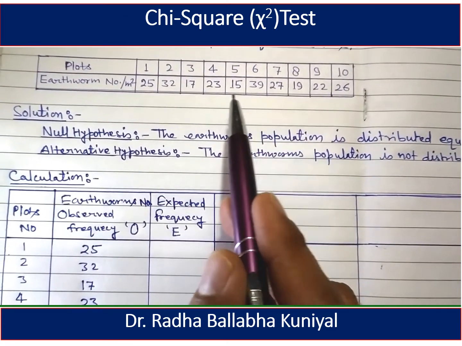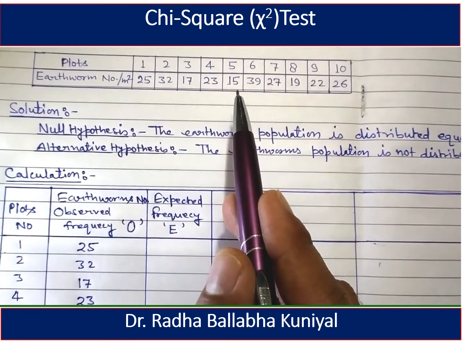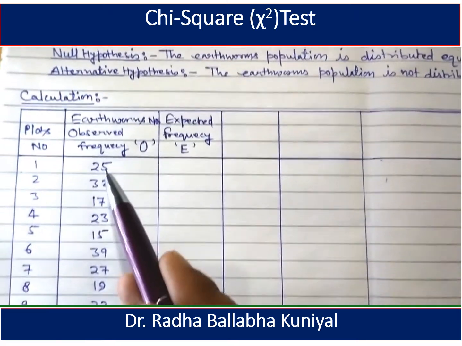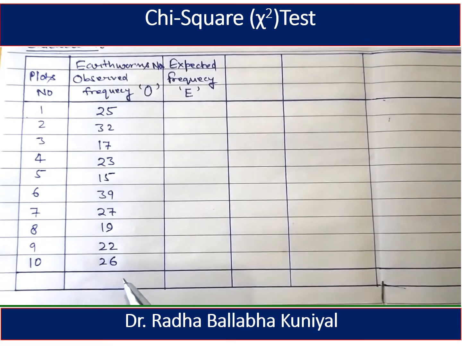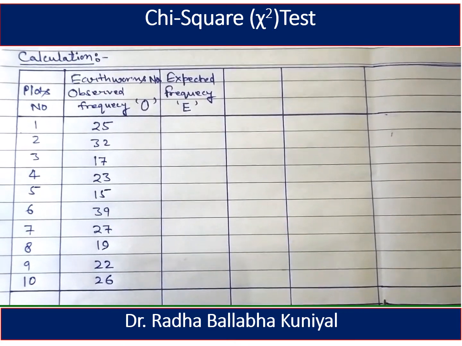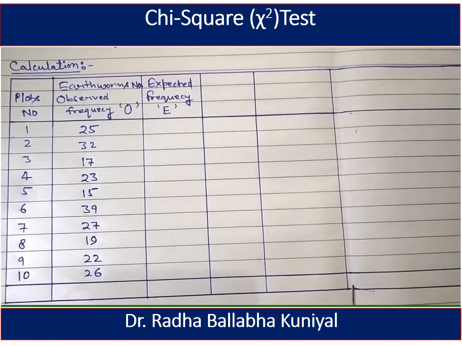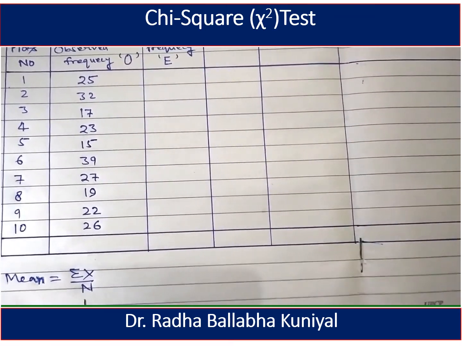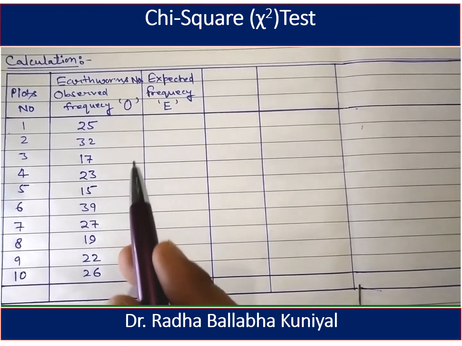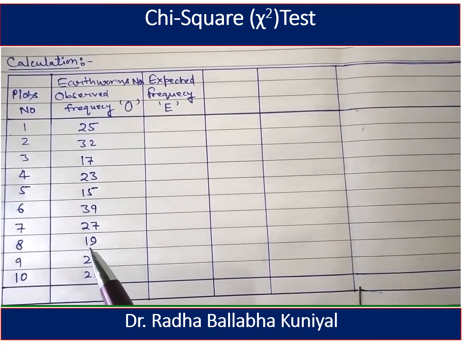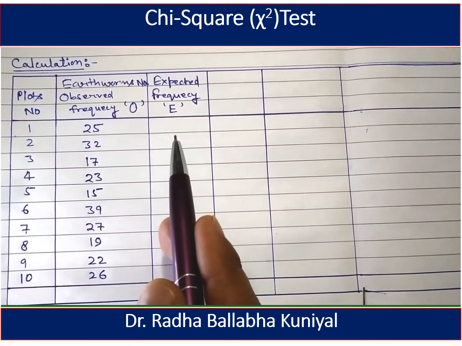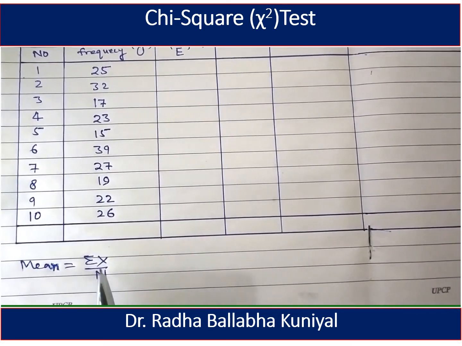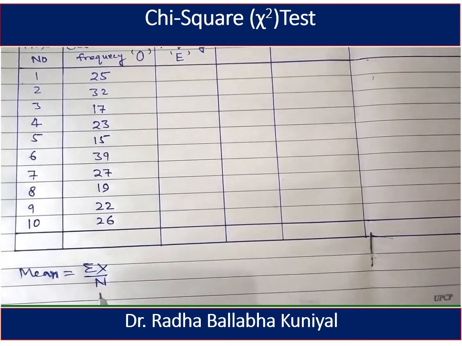So we have to take the mean of the observed frequency to get the expected frequency. Now here we will apply the formula of mean equal to sigma x upon n to calculate the mean value from the observed frequency to get the expected frequency. For this purpose, we need sigma x and n.